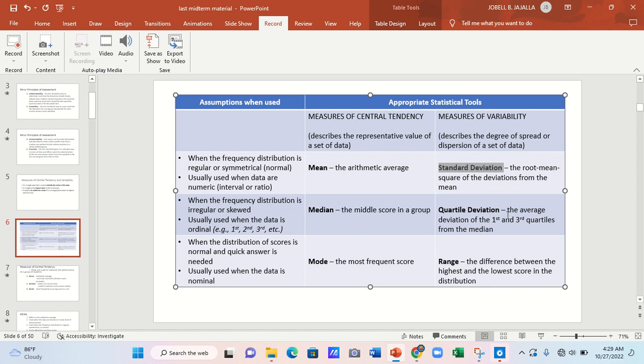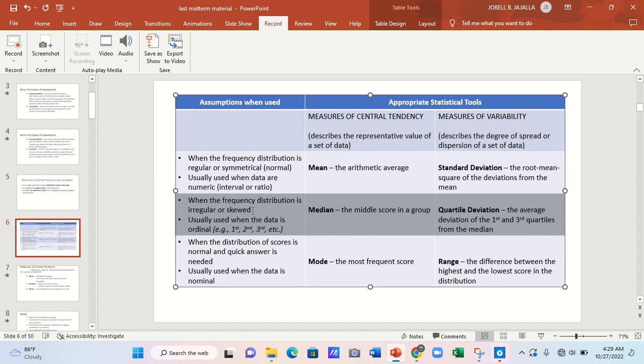Now, for the second pair of assumptions, when the frequency distribution is irregular or skewed, so it is not a normal distribution, and it is usually used when the data is in ordinal value.